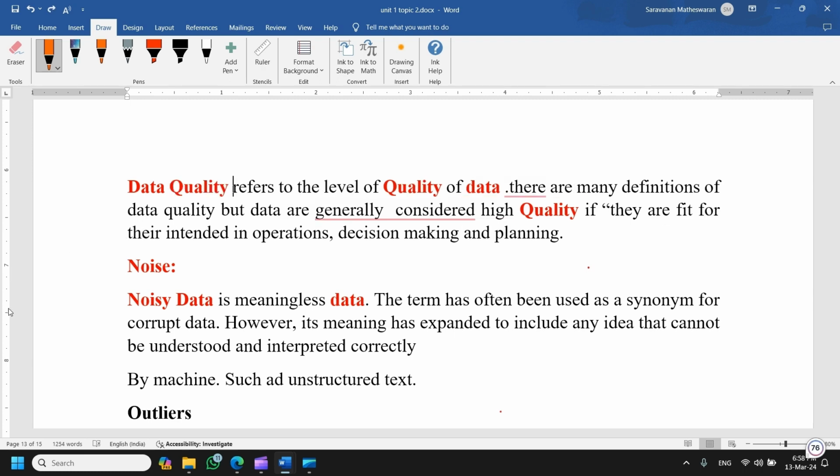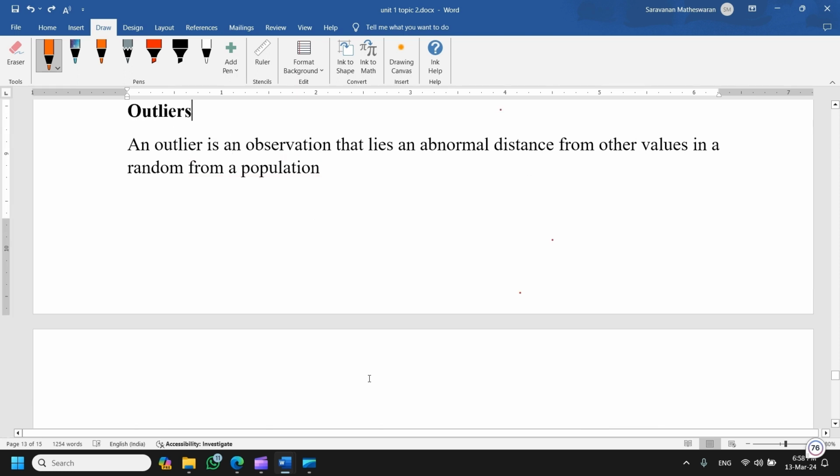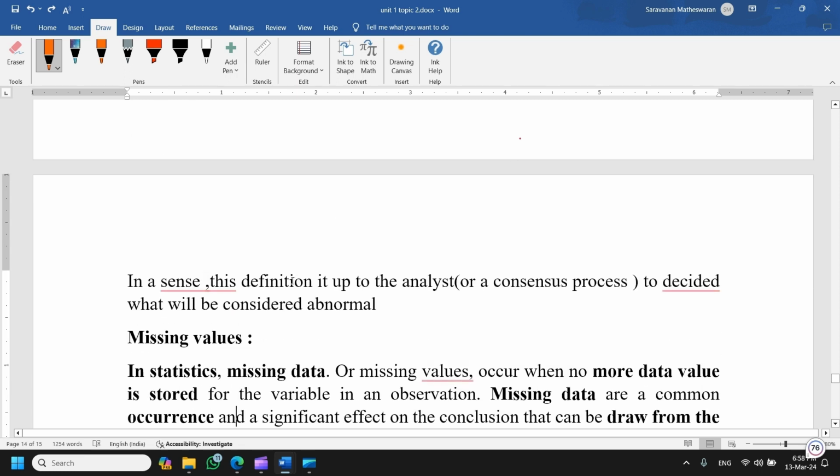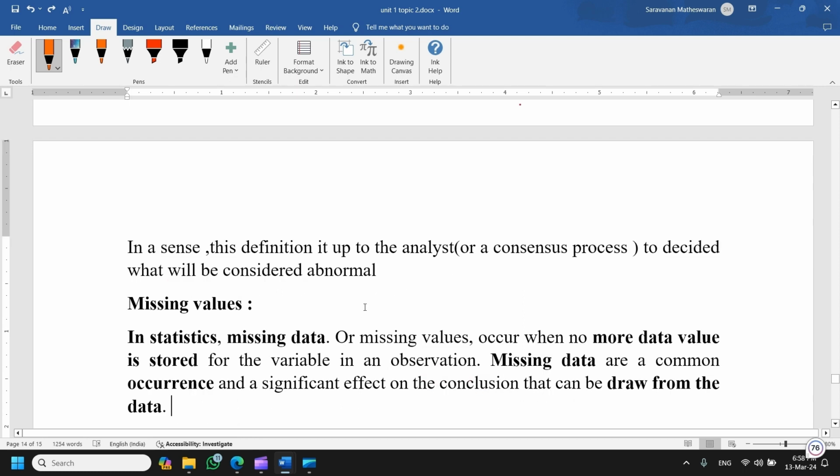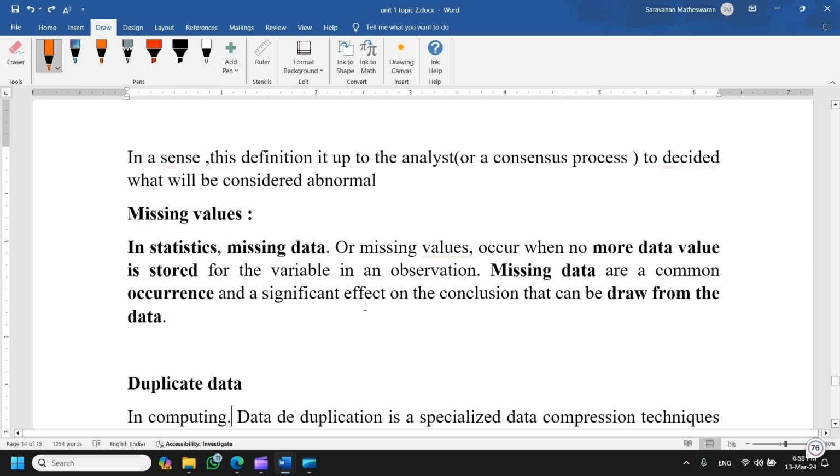Noise data includes missing and unstructured data. An outlier is an observation that lies abnormally distant from other values in a random population sample.